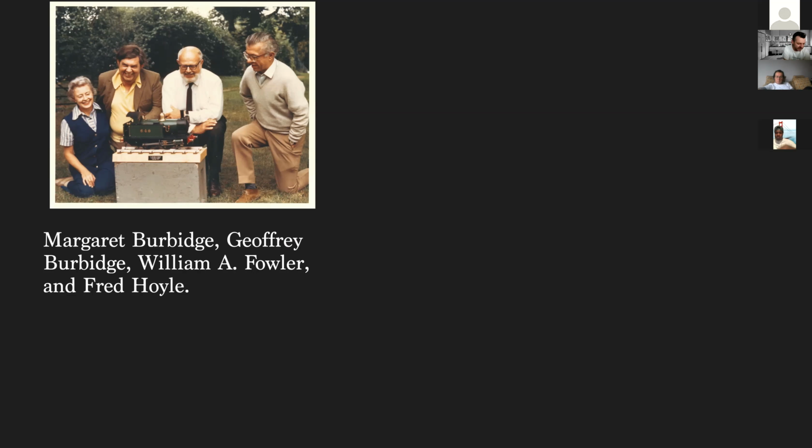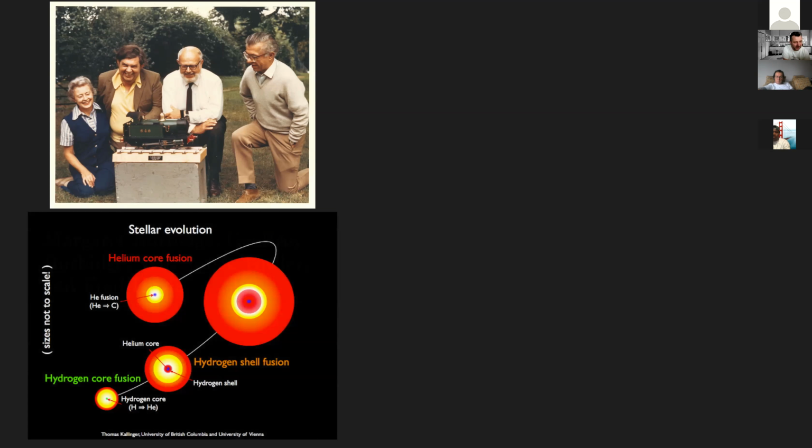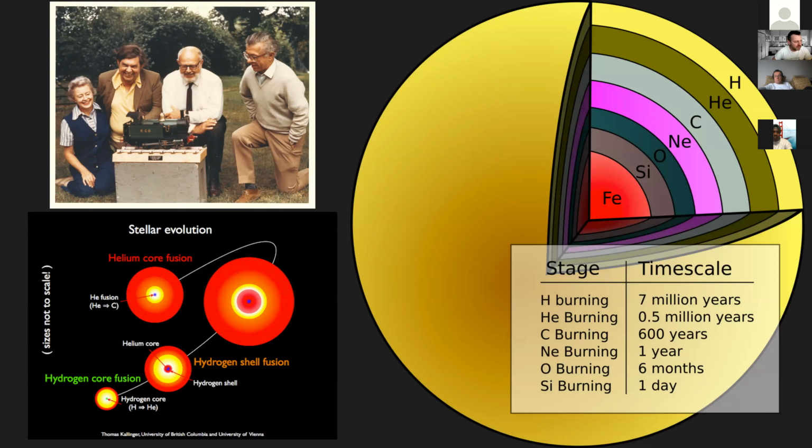So they worked out, again, in a star like the sun, hydrogen is burned into helium, the sun will burn some helium into heavier elements, then the sun will die. But if you want to create very heavy elements, you need to have very massive stars that have temperatures and densities that can basically cook up carbon into neon, into oxygen, into silicon, into iron. And if you want to make even heavier elements, you need to come up with more extreme environments. And that's when these stars die, they rip themselves apart. That's when you can create elements heavier than iron.